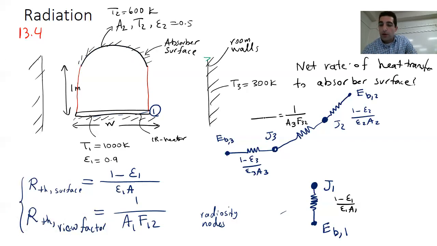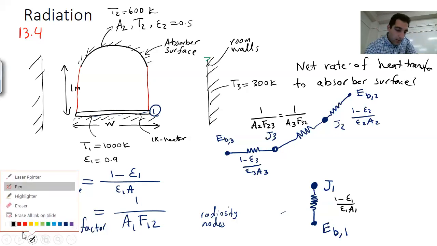And if you remember the reciprocity rule, I can also say this is equal to 1 over A2 F23. They're the same. Right?